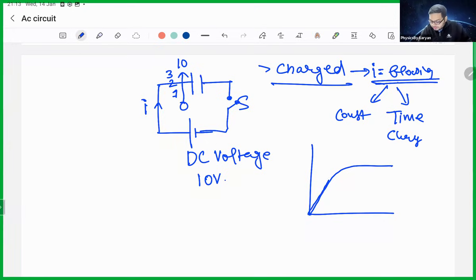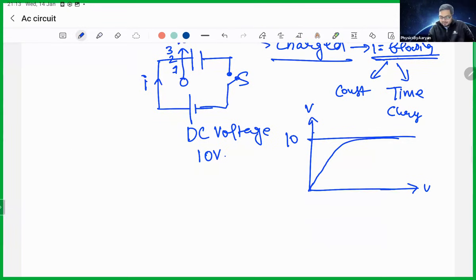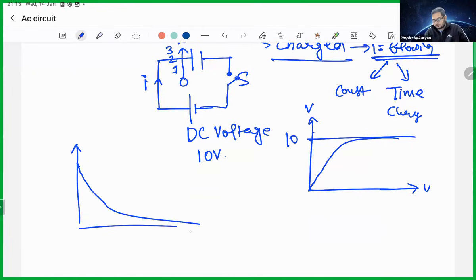But slowly, this current starts to become constant. This is voltage. My voltage starts to increase, and ultimately my voltage became constant at 10 volt. Similarly, current: initially there was a current and then finally the current became 0.